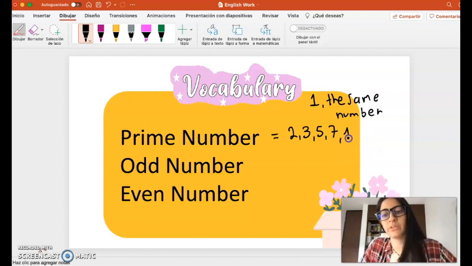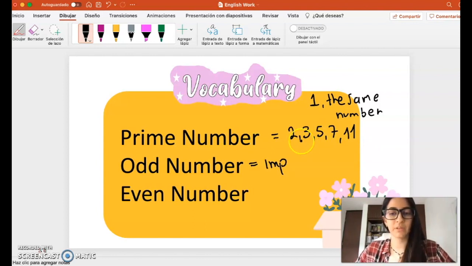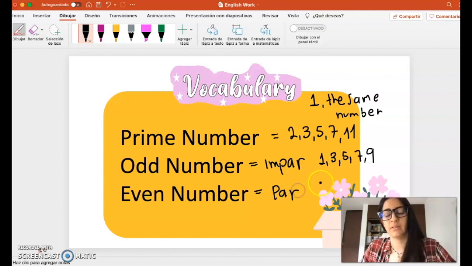For example, 11. Odd number, it means impar, números impares, like 1, 3, 5, 7, 9. And the even number, it means par, números pares, like 2, 4, 6, 8, 10, etc.